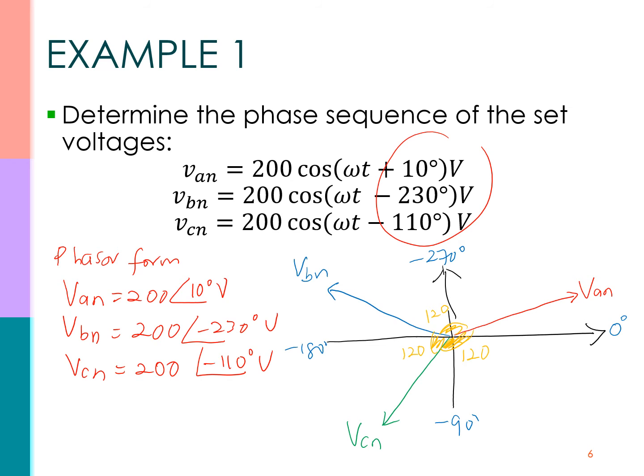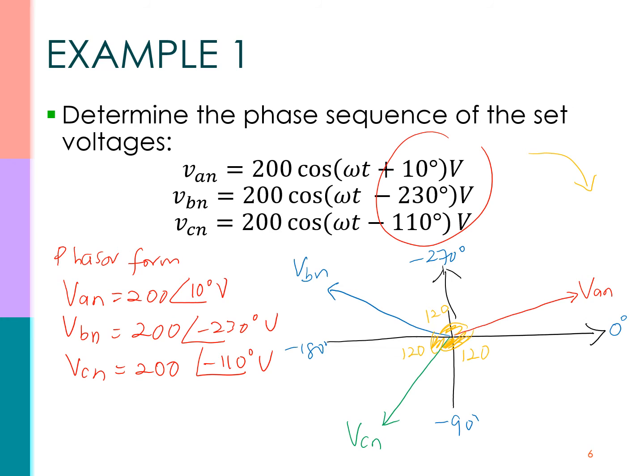So what we want to know is whether it is a negative sequence or a positive sequence. You rotate this phasor diagram counterclockwise.